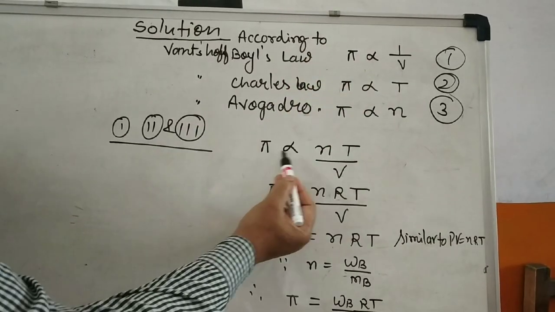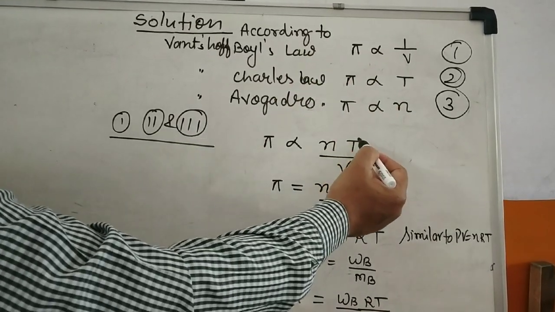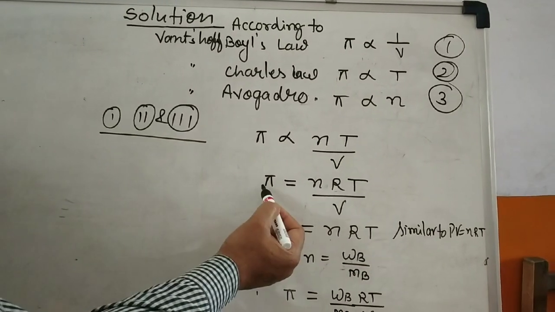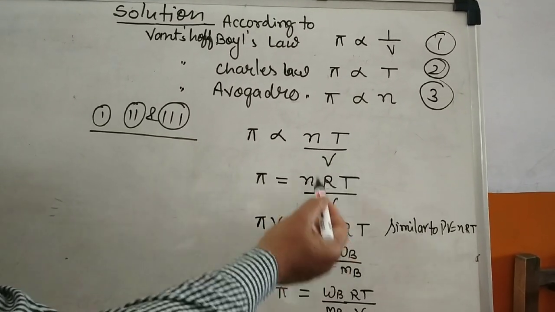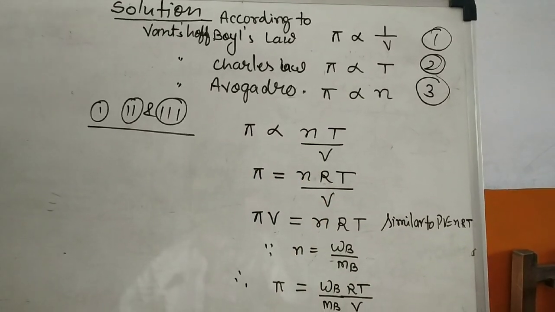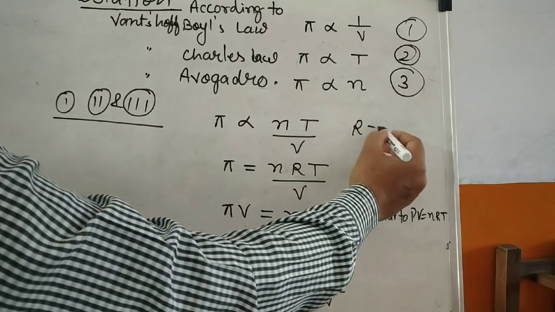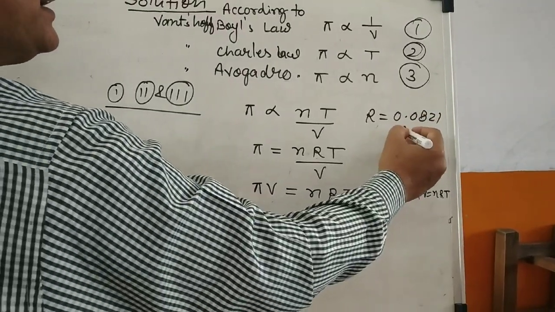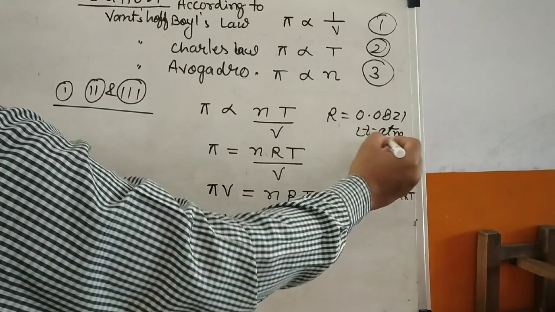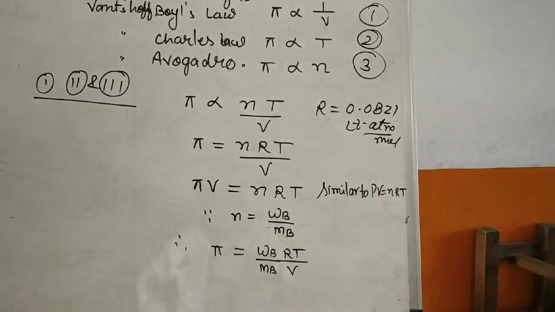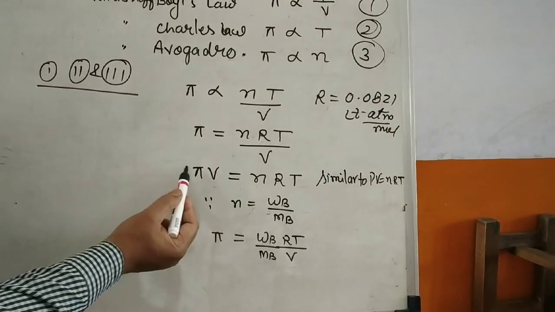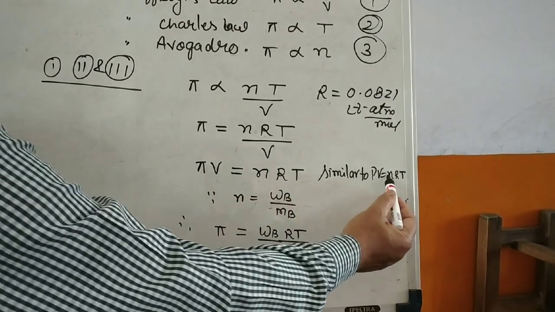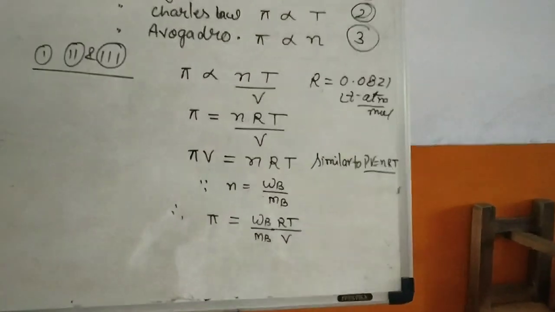So pi is directly proportional to nT upon V, or we can say pi is equal to nRT upon V. R is the constant, and for water the value of R is 0.0821 liter atm per mole per Kelvin. Or we can say piV is equal to nRT. This is similar to PV equal to nRT, the ideal gas equation.